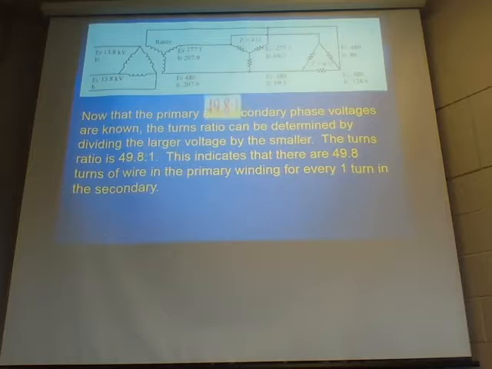Now that you know the secondary and primary phase voltages, the turns ratio can be determined by dividing the larger voltage by the smaller. The turns ratio, 13.8 kV divided by 277. Phase values only, so it's 49.8 to 1 turns ratio.